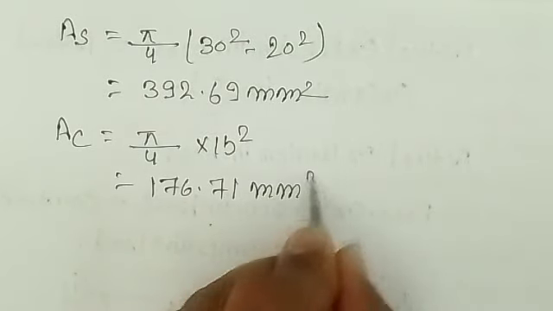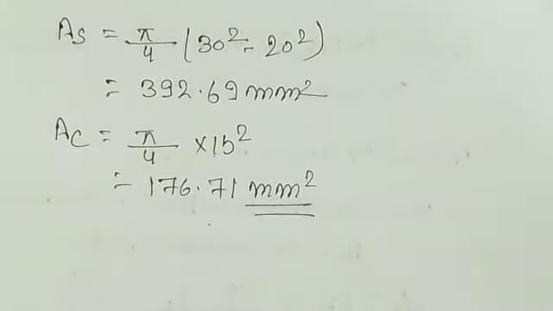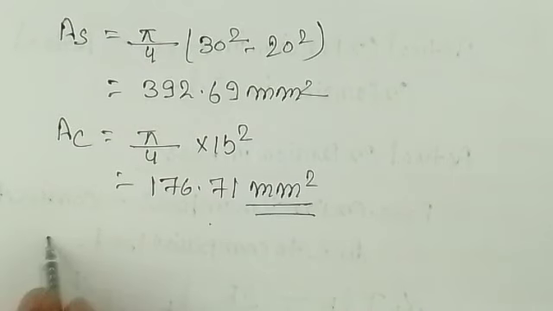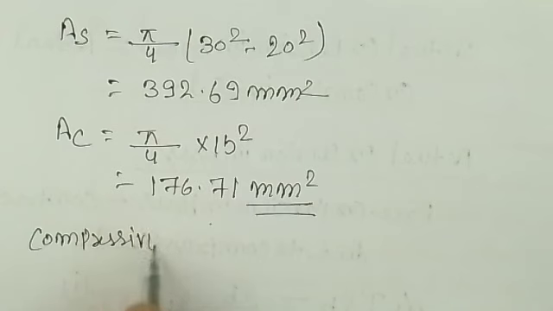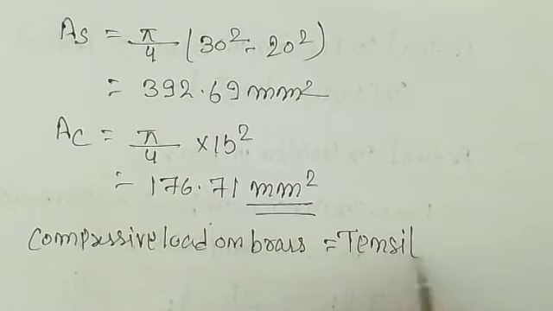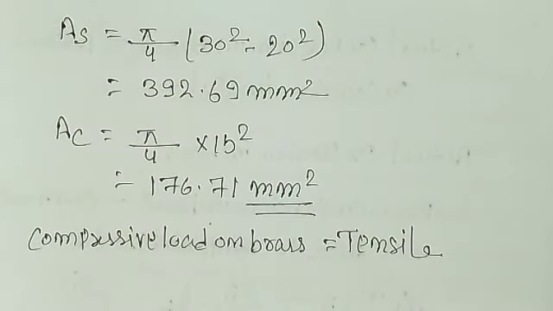Okay, now we have to say the load on steel is equal to load on copper, but copper is subjected to the compressive. So you can say the compressive load on brass is equal to tensile load on steel. Why steel is tensile? Because steel has a linear expansion coefficient less, so it will be expanded less, means we have to pull the steel, but we have to compress the brass, right?